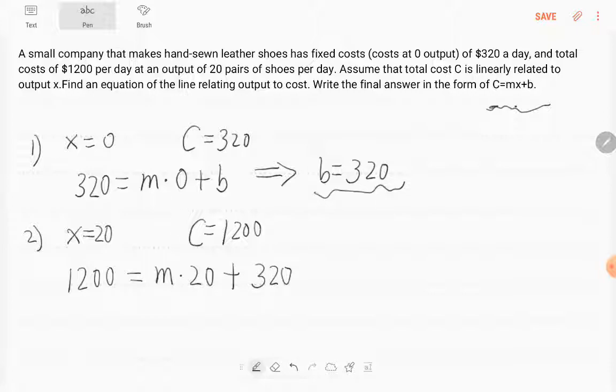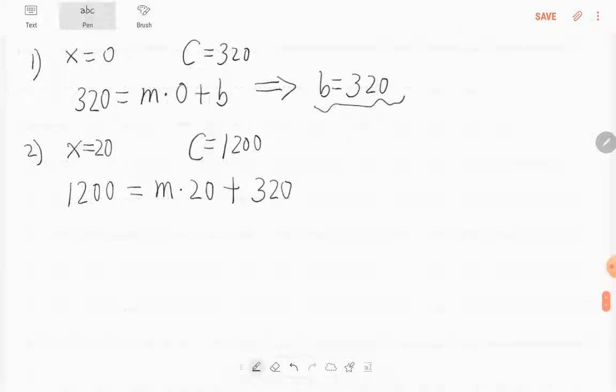Now we can solve this equation for M. First we subtract 320 on both sides, then we have 880 equals 20 times M. So we divide by 20, so this would be 44. So the slope is 44.